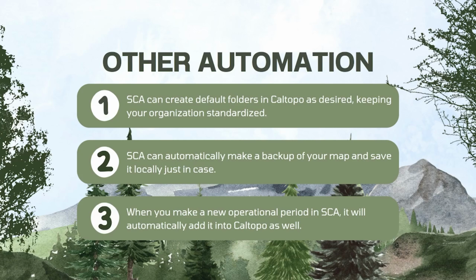So if anything goes wrong with the Caltopo map, you can download that backup and upload it and import it into a new map, and away you go. And also when you add a new operational period in SAR Command Assist, it will automatically appear in Caltopo as well. So just little time savers here, there, and everywhere.